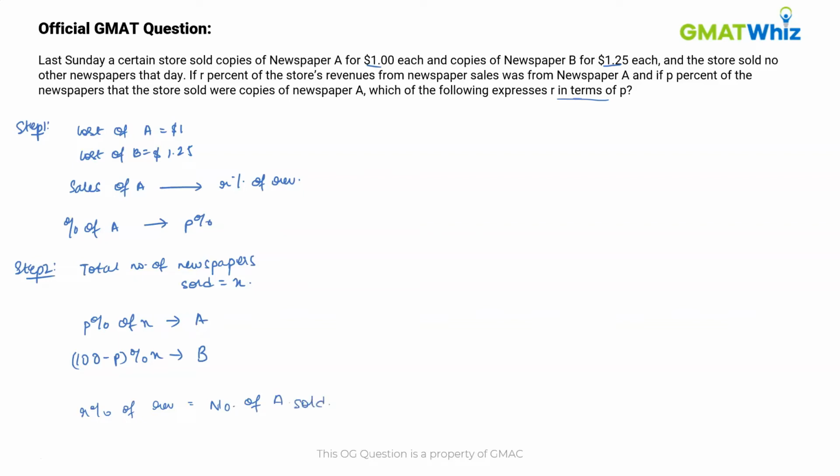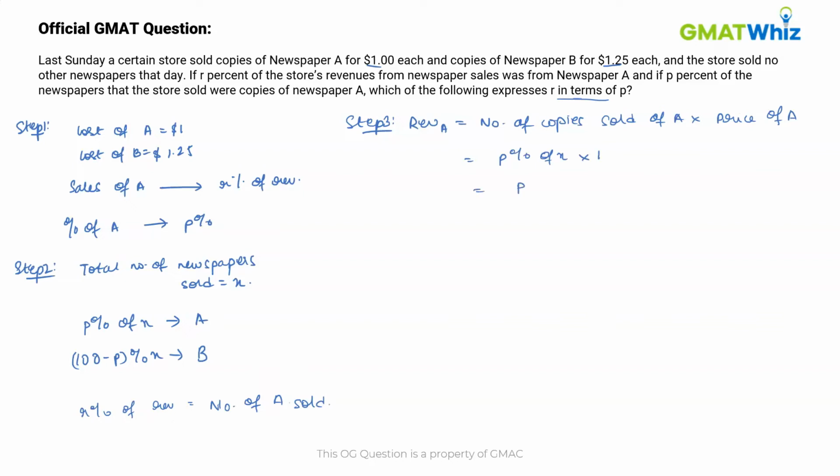Now, keeping this in mind, we move on to step 3 and find out the revenue generated by newspaper A and newspaper B. The revenue generated by newspaper A is equal to the number of copies sold of A times the price of A. We know that P% of the newspapers sold that day were copies of newspaper A. So, the revenue will be equal to P% of X times 1, since the price of each newspaper A is $1.